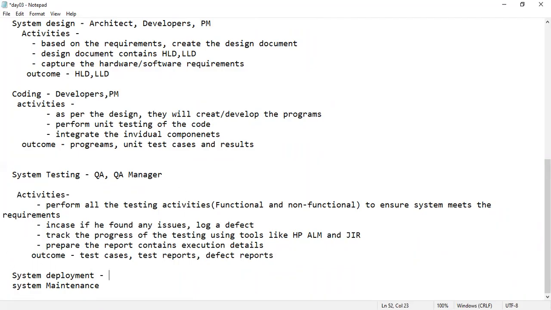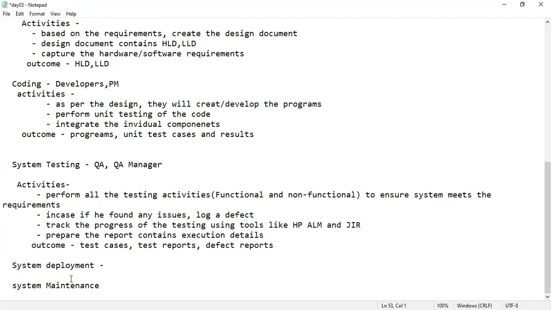Next topic, system deployment. What is system deployment? Once testing is completed, we will provide QA sign off. After that, the code will be deployed to the UAT environment, the user acceptance environment.